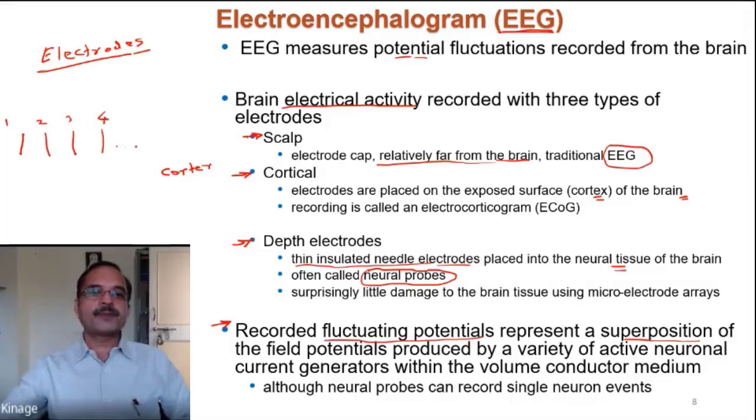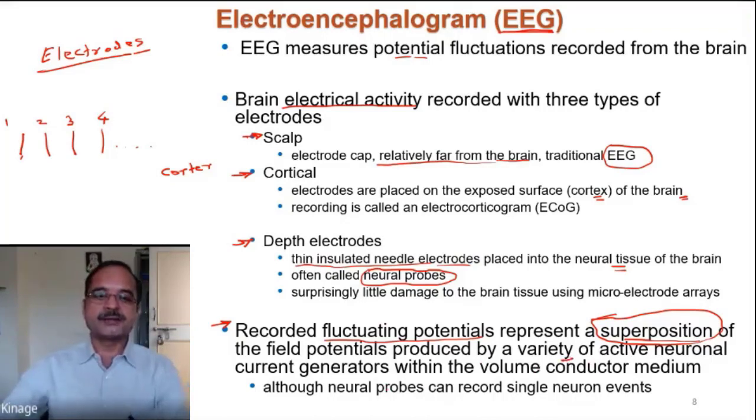These different electrodes sense the potential at different points along the brain. And finally, what our equipment displays is the superposition of all these, that means the addition of all these field potentials produced by a variety of active neuronal current generators.